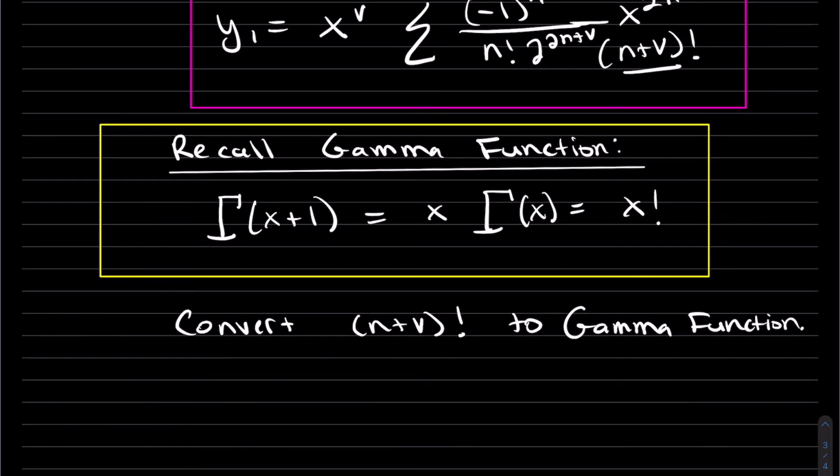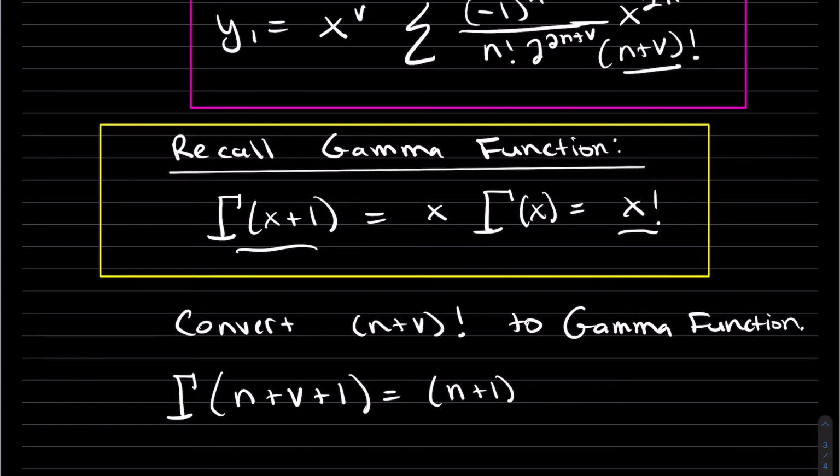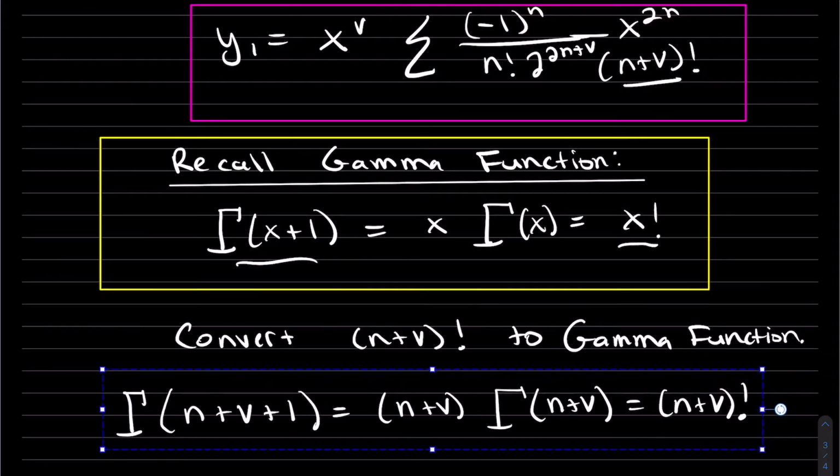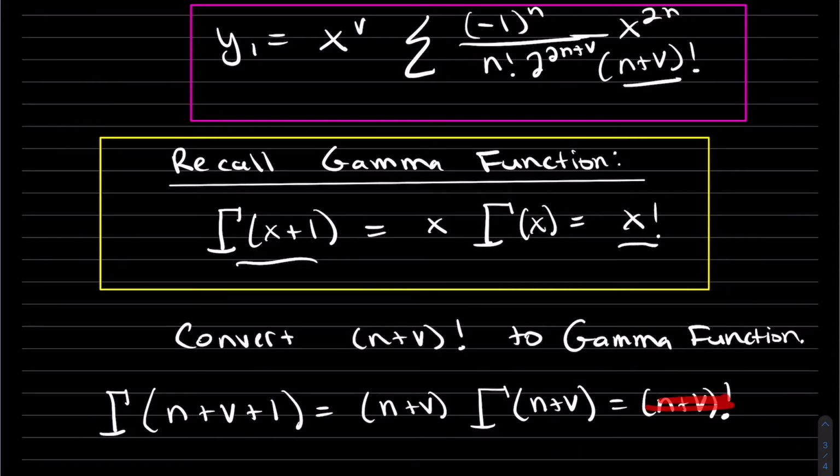Using this formula, if I add a 1 to that, n plus v plus 1, that would be n plus 1 gamma, n plus v, gamma n plus v, which is equal to n plus v factorial. So it looks like I could just replace n plus v factorial with this gamma function.